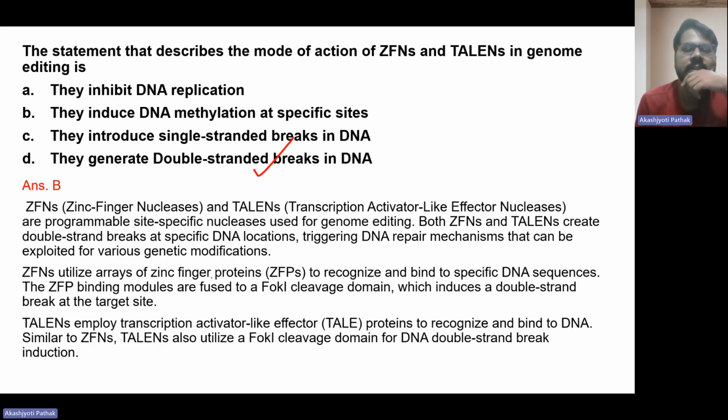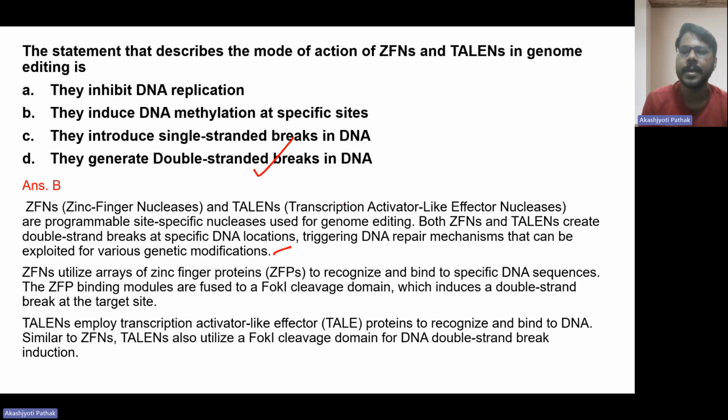Both zinc finger nucleases and TALENs, which are transcription activator-like effector nucleases, are programmable site-specific nucleases used for genome editing. Both create double-stranded breaks at specific DNA locations. Remember this point: they trigger DNA repair mechanisms that can be exploited for various genetic modifications. Zinc finger nucleases utilize arrays of zinc finger proteins.